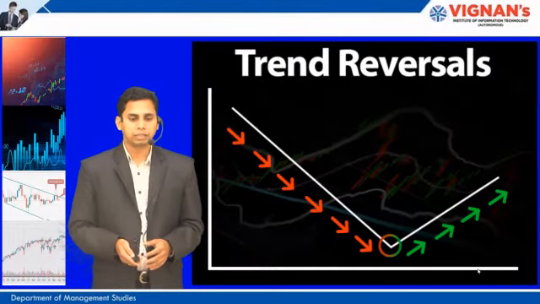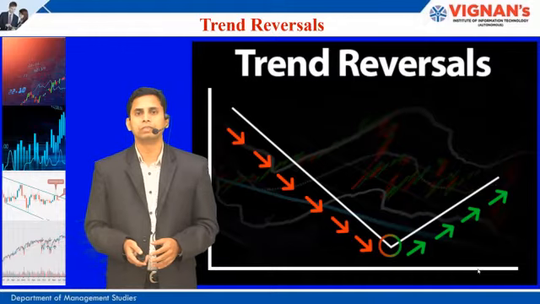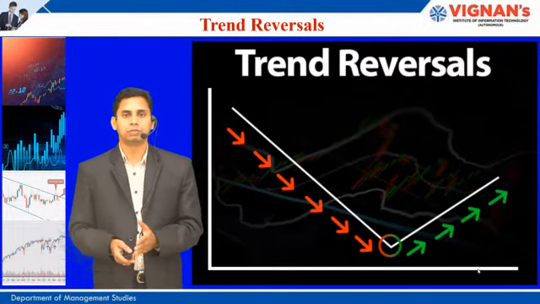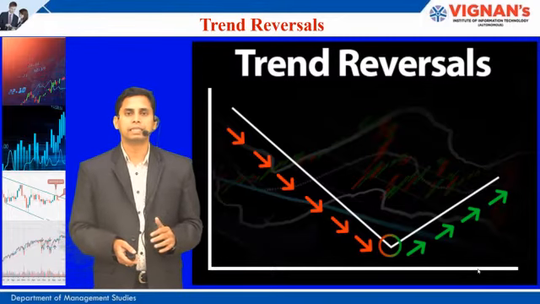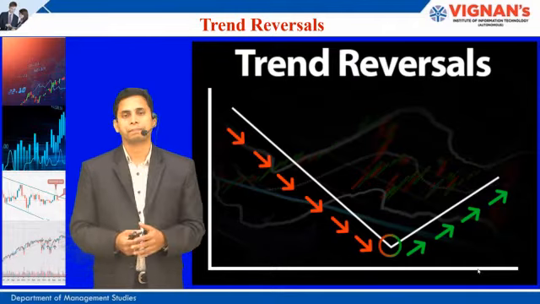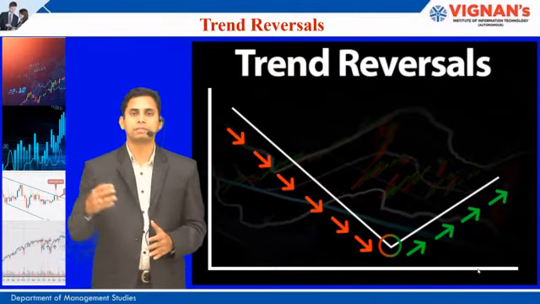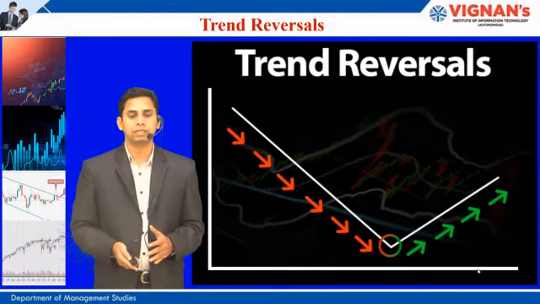Now on the screen you can see how a trend reversal appears. The underlying trend is a downward trend, and on reaching a particular bottom, the stock bounces back. Once the stock has reached the lower level and the bounce back has started, that is the trend reversal.